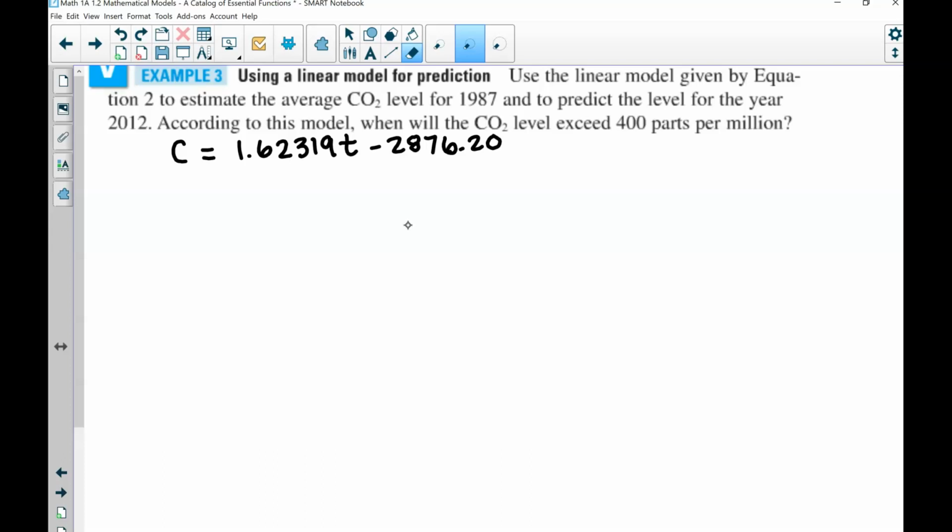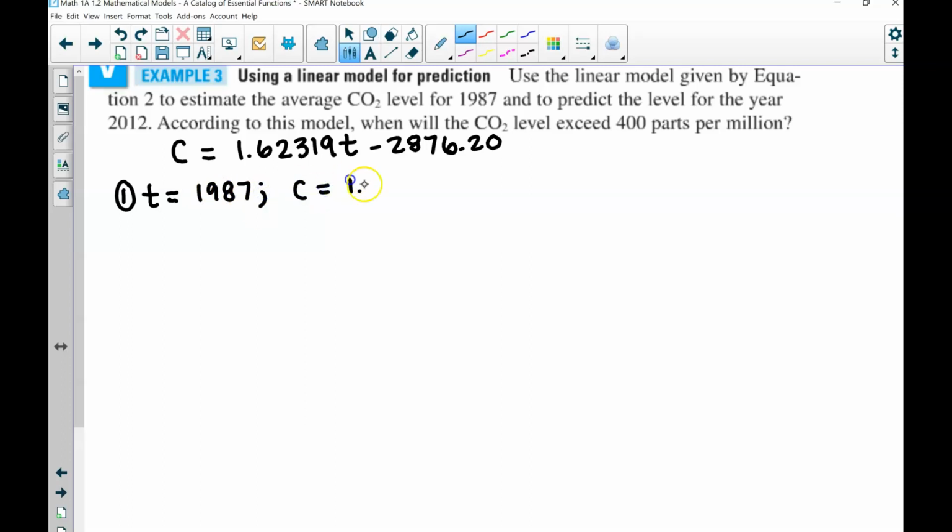For the first part, we know that t is equal to the year 1987. And so we're going to substitute it into our model.